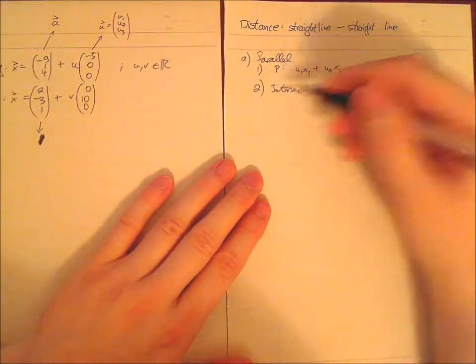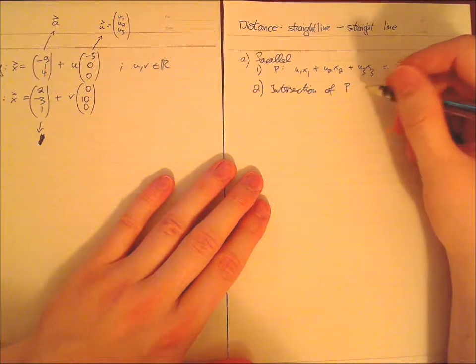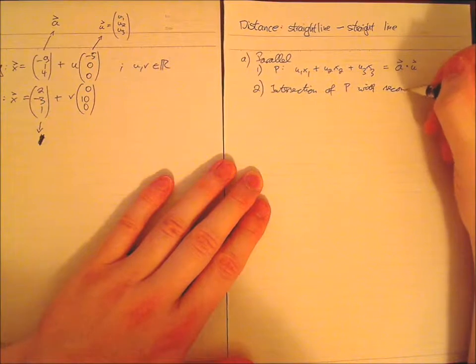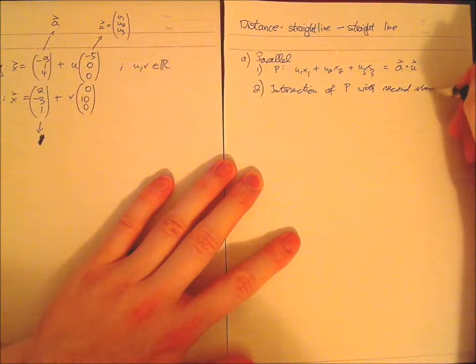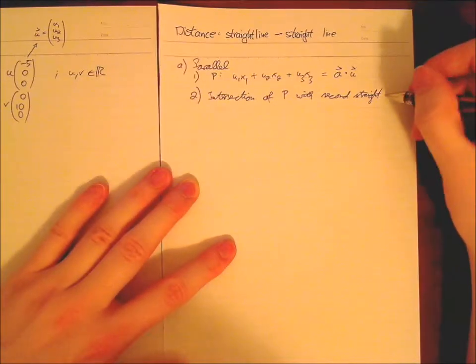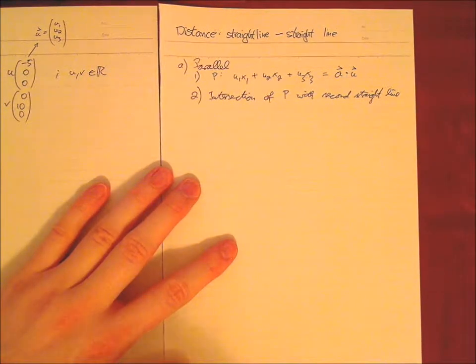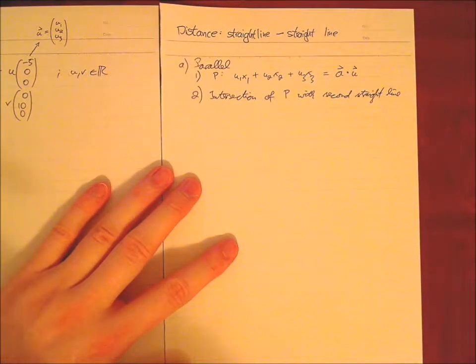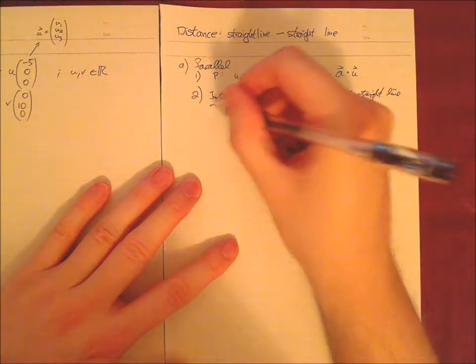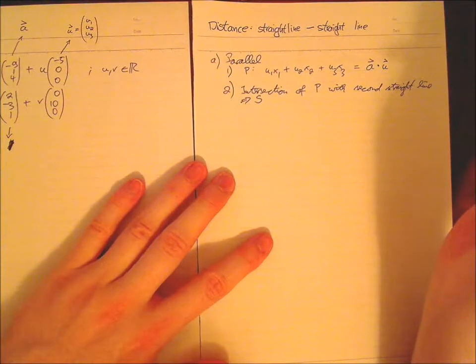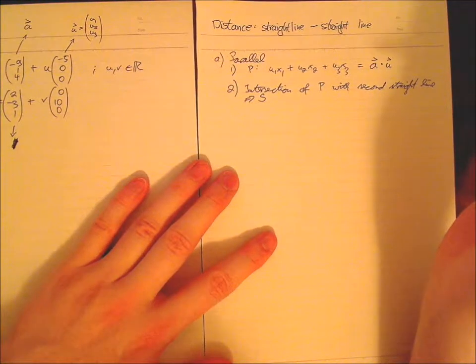So step 2: intersection of P with the second straight line. And then we call this point S.